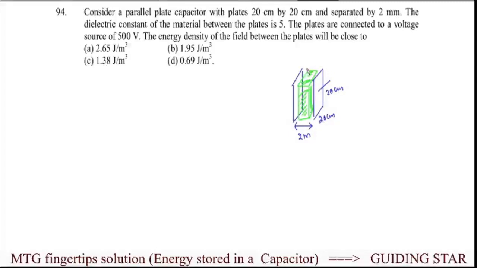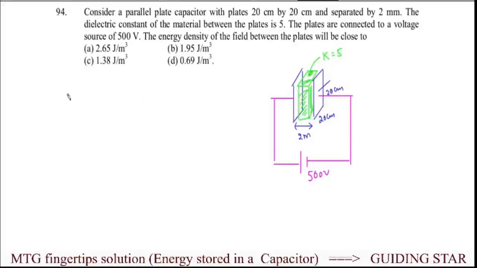This material is of dielectric constant K equal to 5, and these plates are connected across a source of 500 volt. So what is asked is the energy density of the field between the plates.